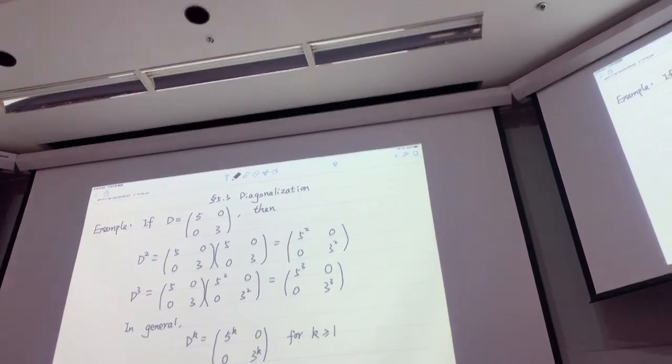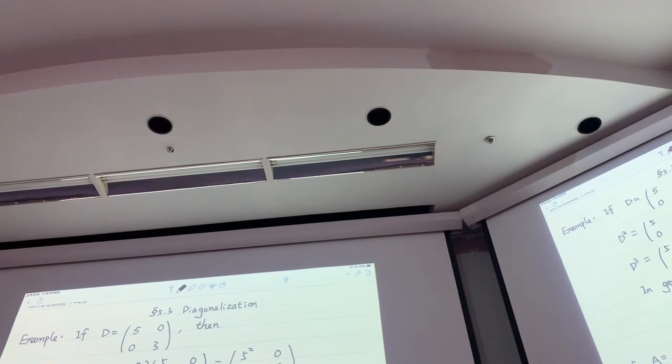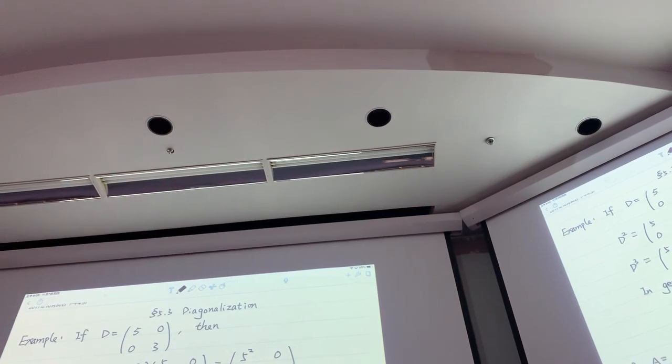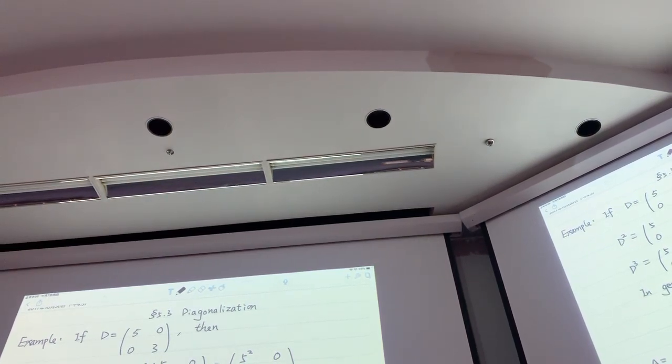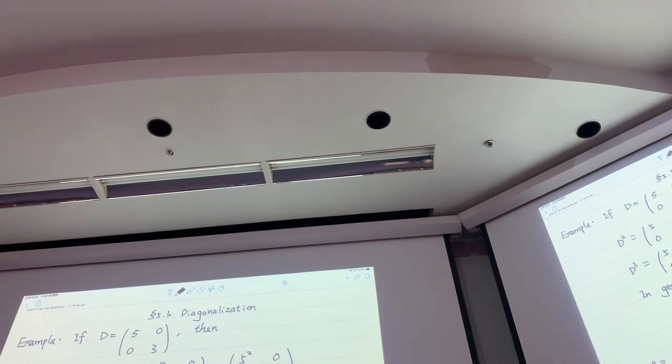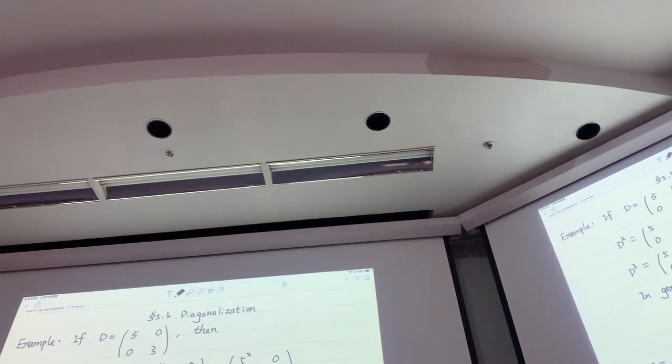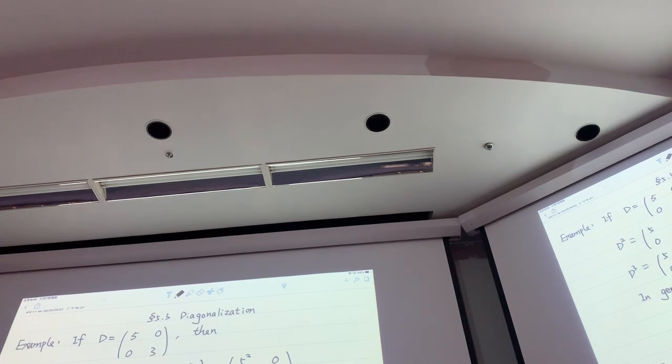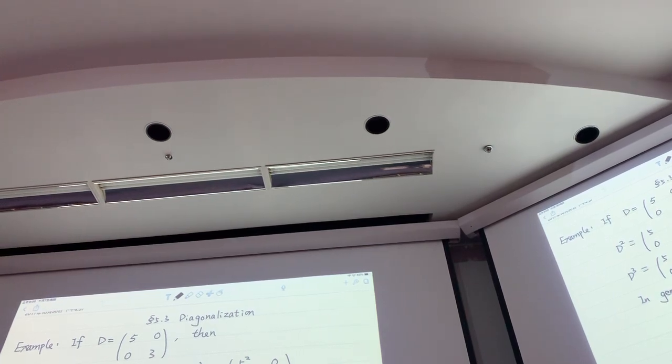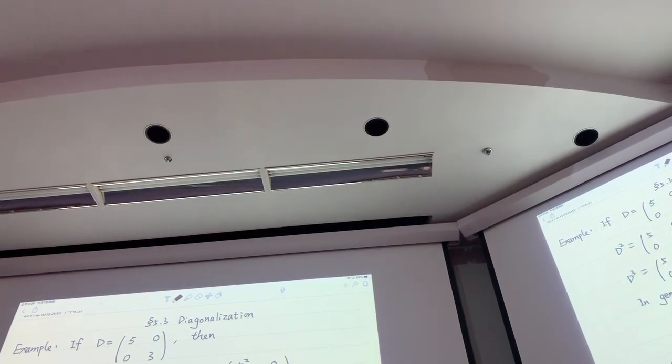In the last lecture, we didn't mention a special form of B. Actually, if matrix A is similar to a diagonal matrix, A equals P D P inverse, where P is invertible and D is diagonal, then it's easy to calculate A squared as well.